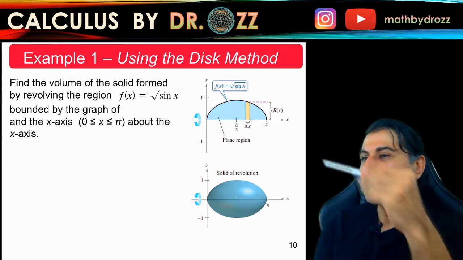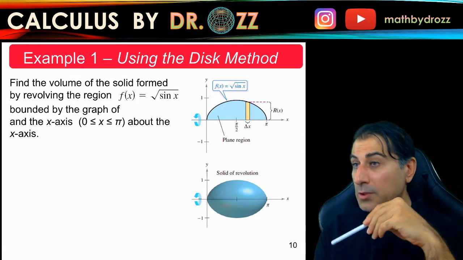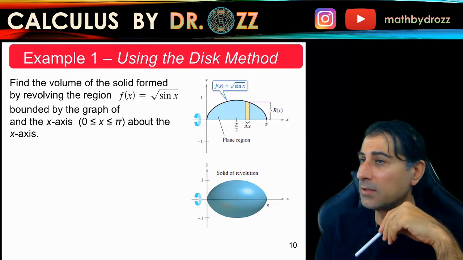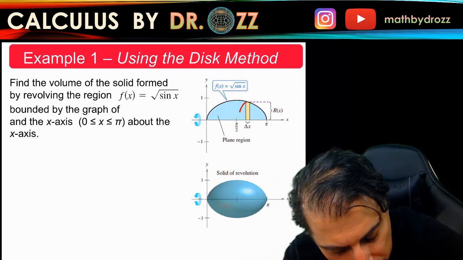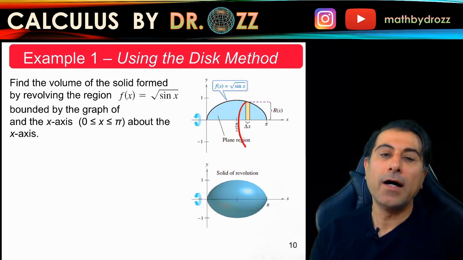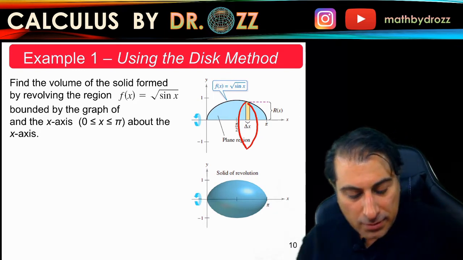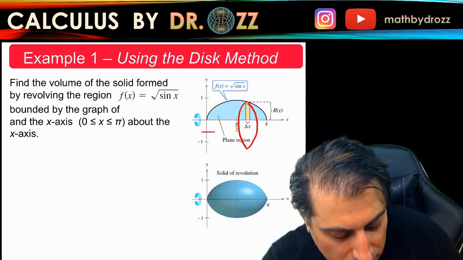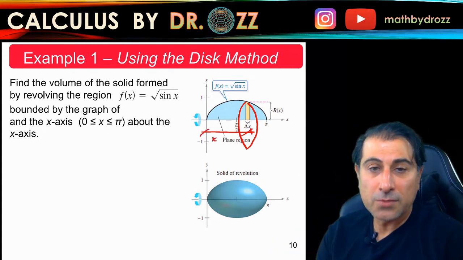Since the axis of revolution is the x-axis, we're going to get a representative rectangle perpendicular to the axis of revolution. And then we just revolve this around. Let's say this representative rectangle comes with thickness dx. And let's say this is just x units far from the left end of the region.